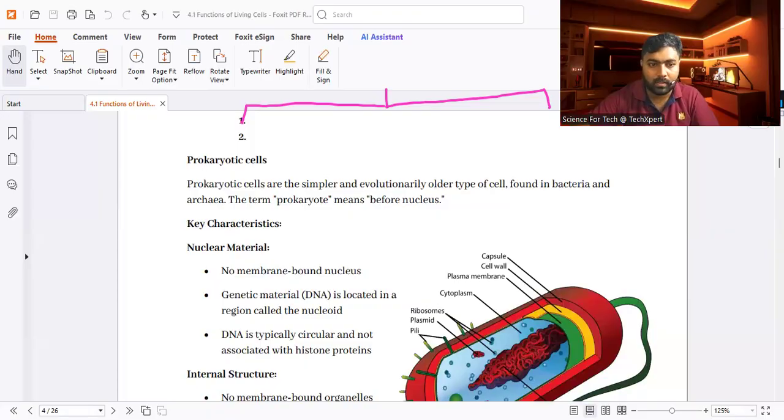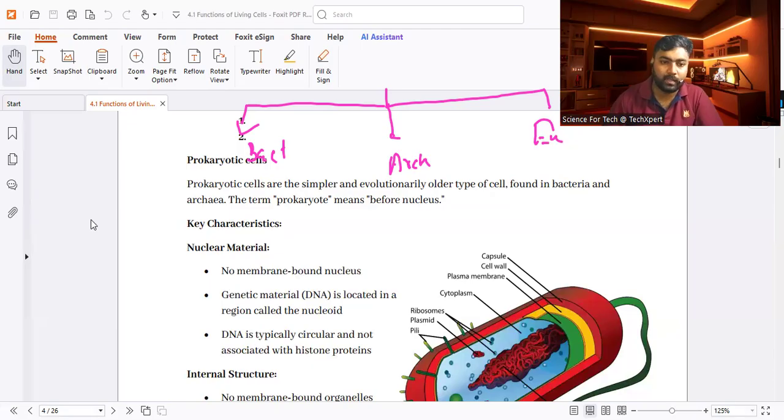Then there are three kinds of domain. First one is bacteria, next one is archaea, other one is eukarya. Bacteria domain, archaea domain, and eukarya domain.